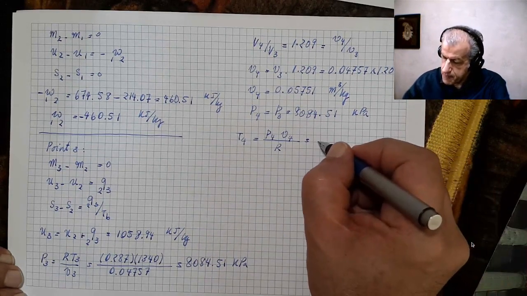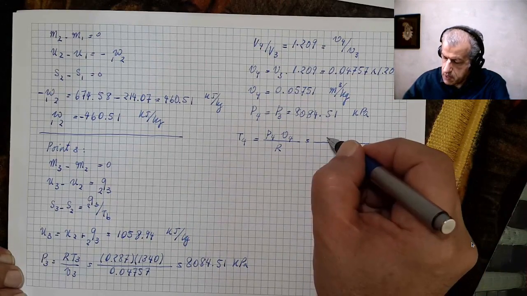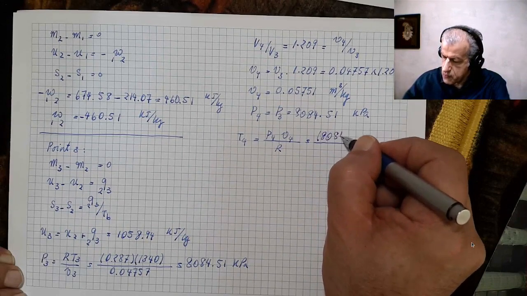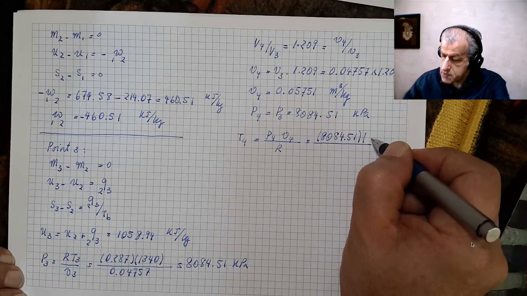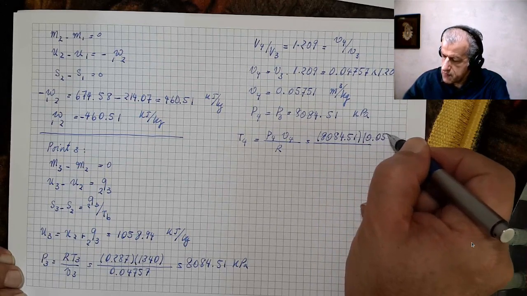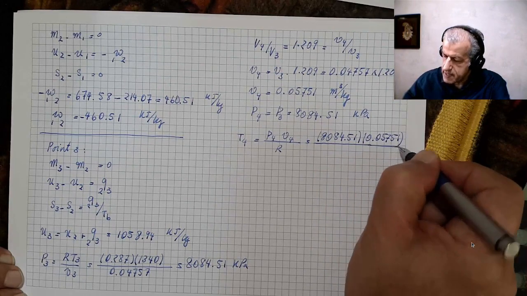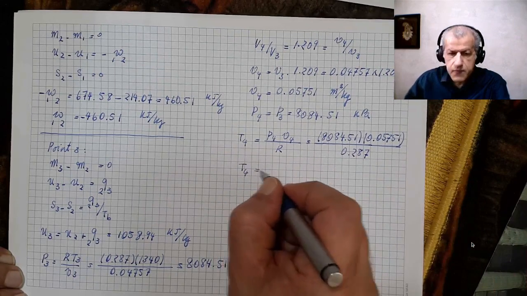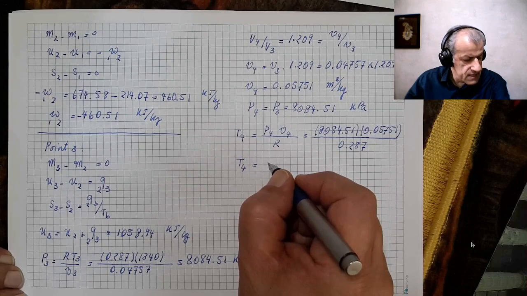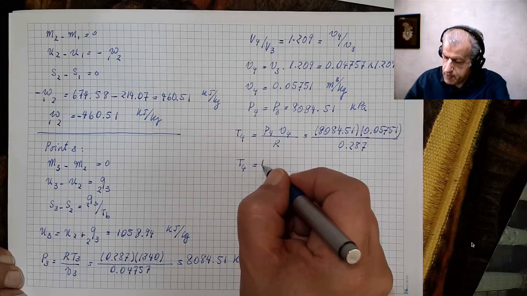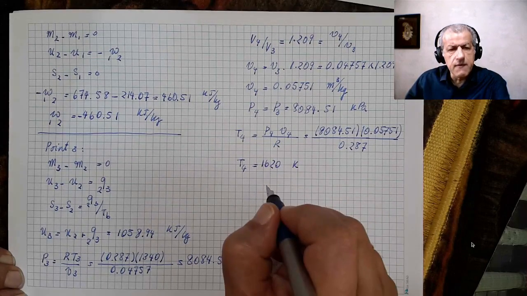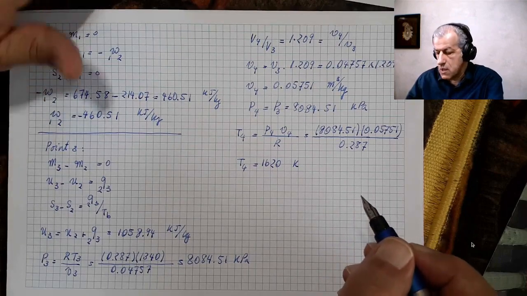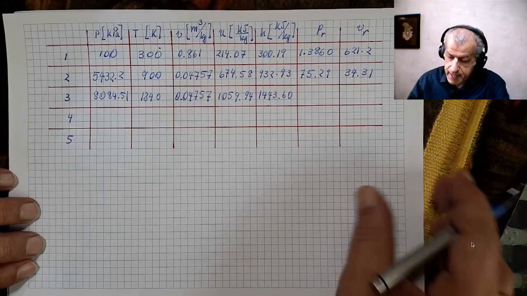The outcome is P4, which is 84.51, times V4, which is 0.05751, divided by R, 0.287. And the outcome for T4 is 1620 Kelvin.